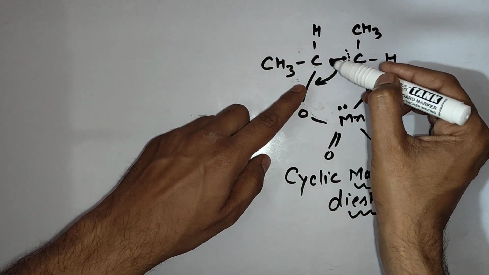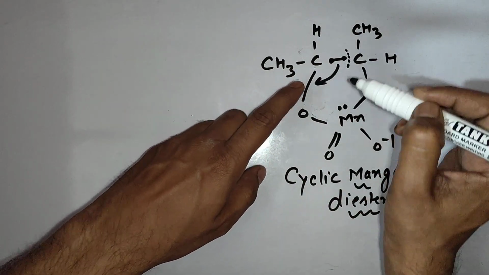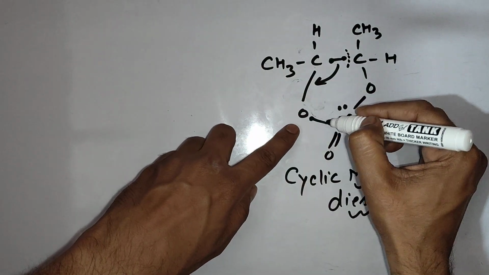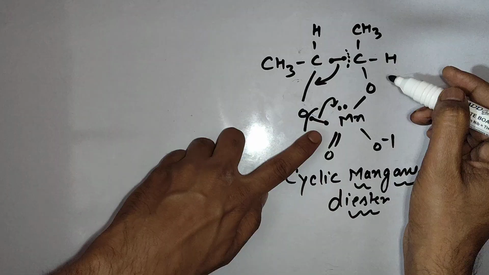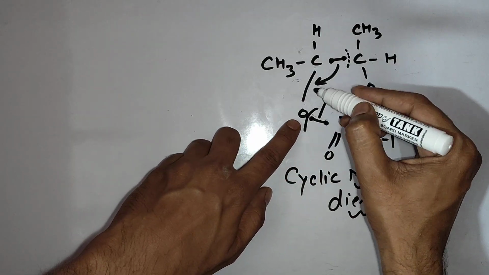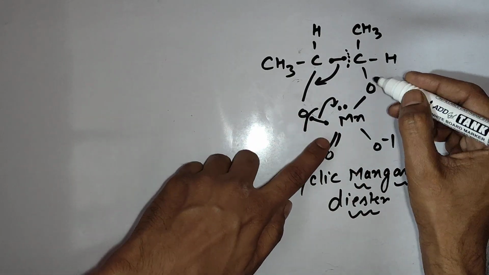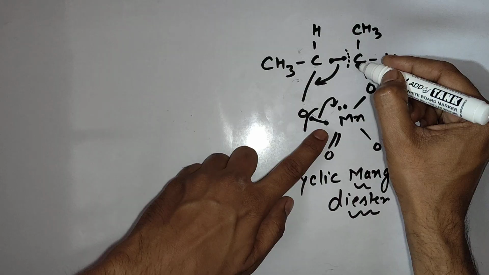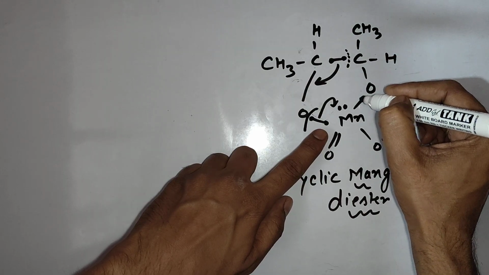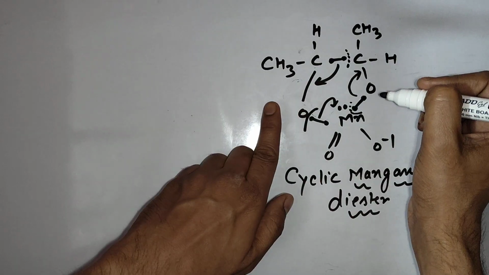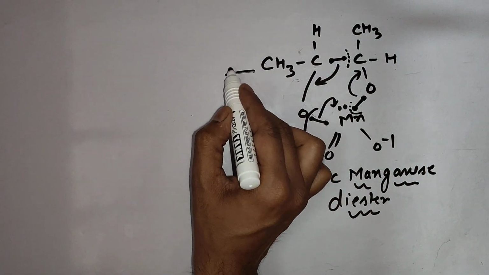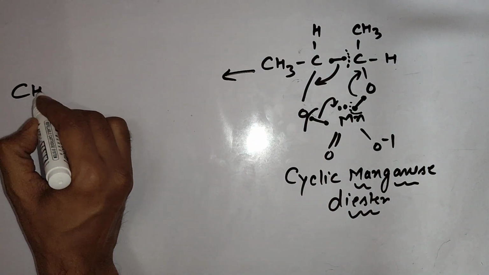Suppose this carbon provides both electrons toward this oxygen, due to which the manganese oxygen bond will break and they will shift toward manganese, because the oxygen is getting electrons from the carbon side, and this carbon will become positive, so this oxygen will provide electrons for its satisfaction like this. So what compounds are generated here? Let's check.